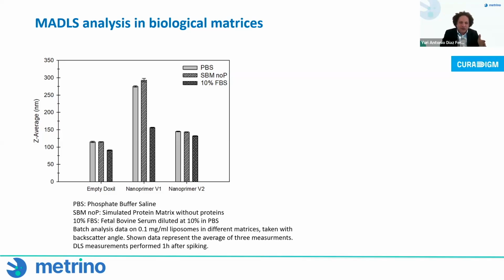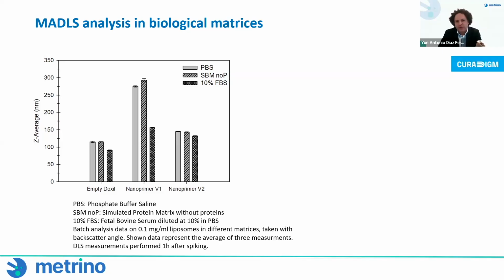In the first case, the completely gray column with no texture, what you can see is phosphate buffer saline, so PBS. Then the intermediate one is the simulated blood matrix with no protein.